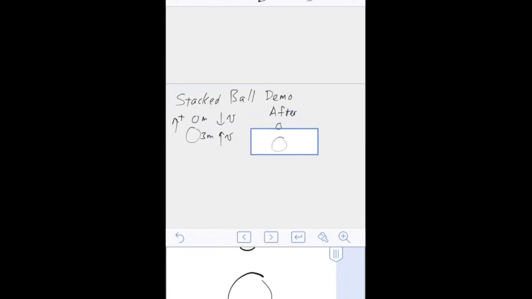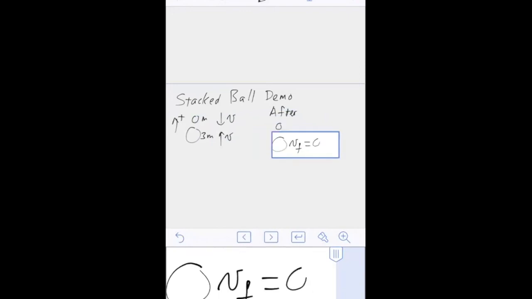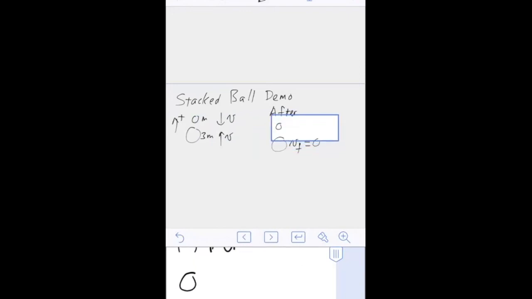We find that this one has a final velocity of 0. So then we want to know the final velocity of this ball, and then we can check, is this elastic? Okay, so first let's do the momentum.